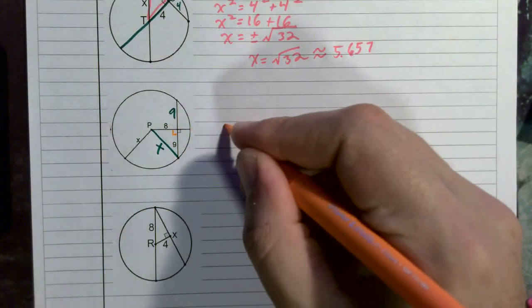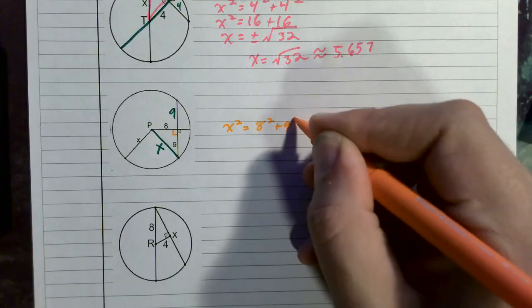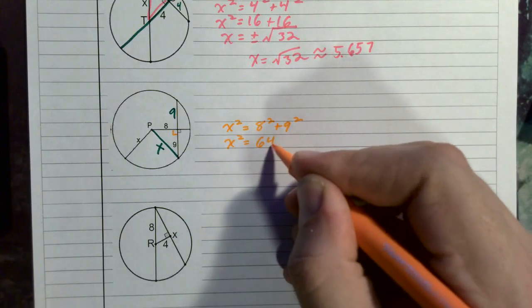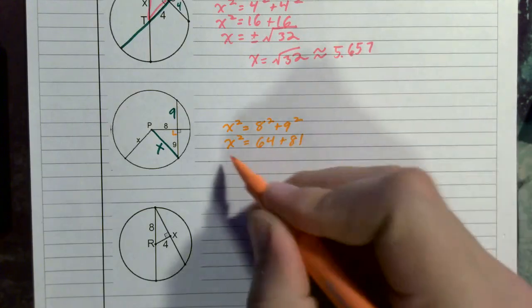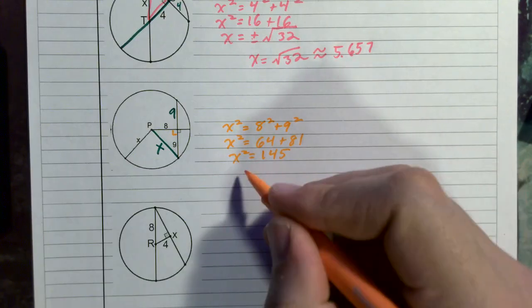So we could say that x squared equals 8 squared plus 9 squared. So x squared equals 64 plus 81. So x squared equals 145.